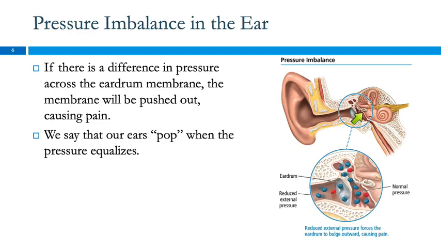Well, there's some air present on the inside of your eardrum. That's connected through a eustachian tube down into the back of your throat. So what happens is, as you go higher up in altitude, the pressure outside decreases. The atmospheric pressure is less as you go higher and higher.